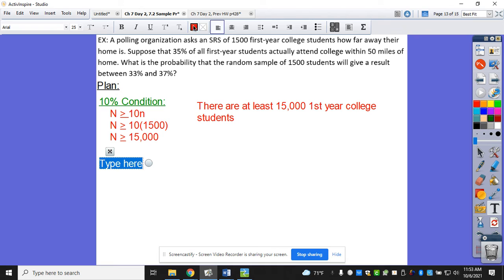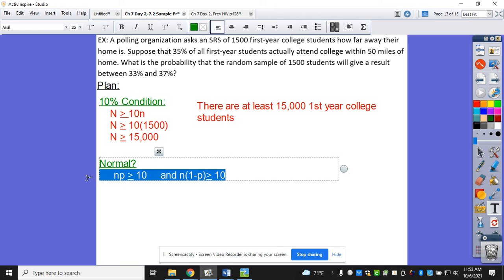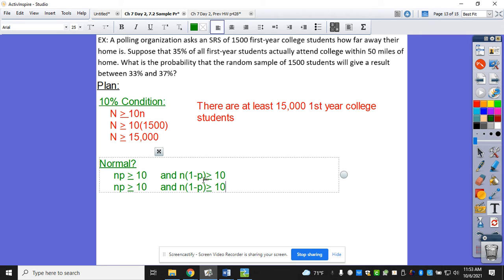All right, what's my other condition? What do I do to check normal? So what is n? n is 1500, what's p?